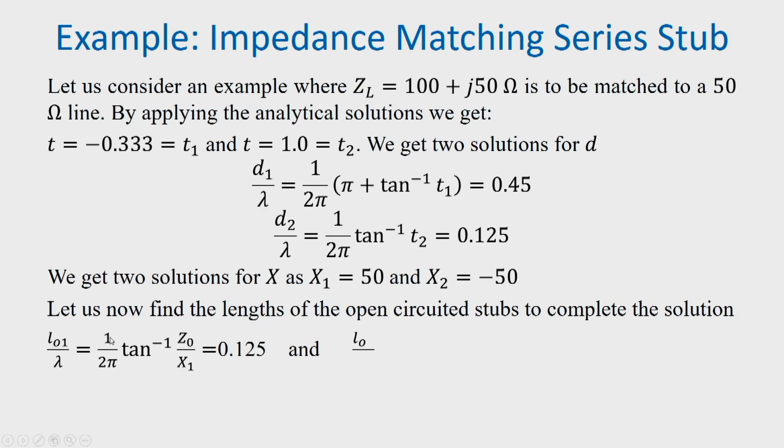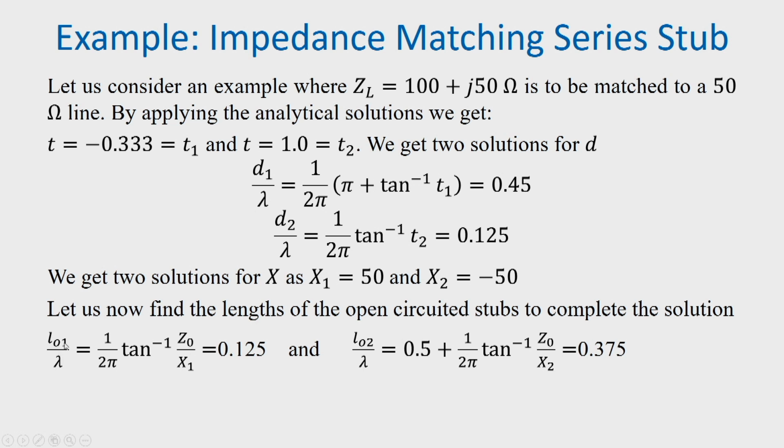we call it L o 1 by lambda is equal to 1 by 2 pi tan inverse Z naught by x 1, and this x 1 is 50. So, it becomes tan inverse 1, and therefore, it is pi by 4.